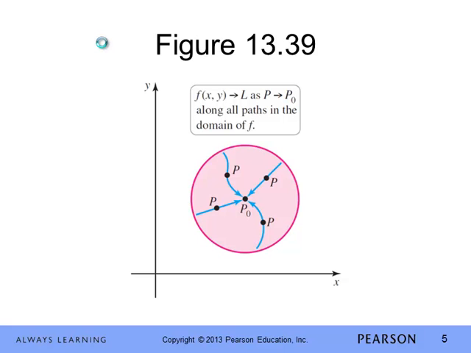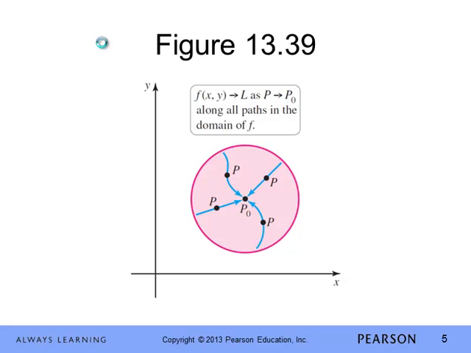But here in two dimensions on the domain, you could approach the fixed point from an infinitude of paths. You can go from the bottom, from the top, from the side, from some swirl or whatever.